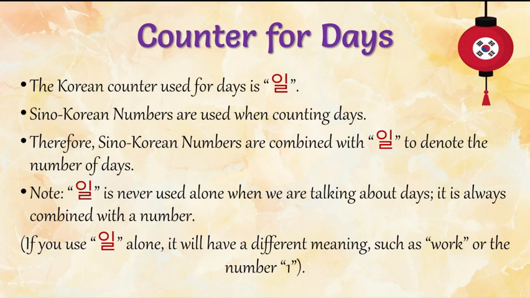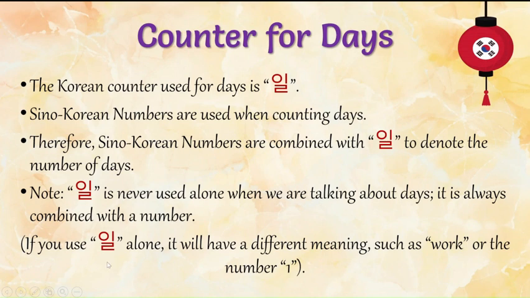So if you are counting a number of days in Korean, then you have to combine the Sino-Korean numbers with il. Now remember one thing: il is never used alone when we are talking about days. It is always combined with a number. It is not used as a standalone word when you are talking about days in the Korean language. Why?